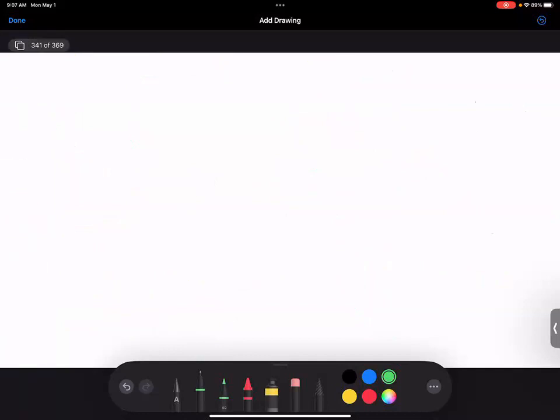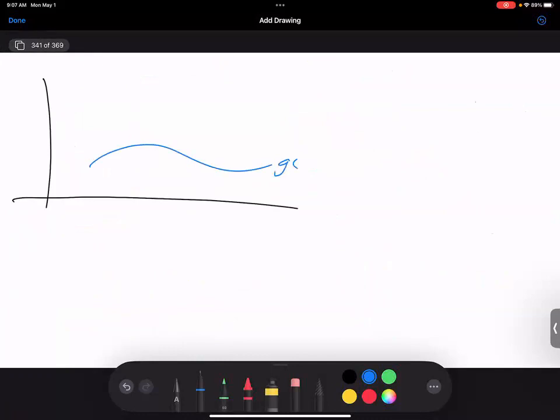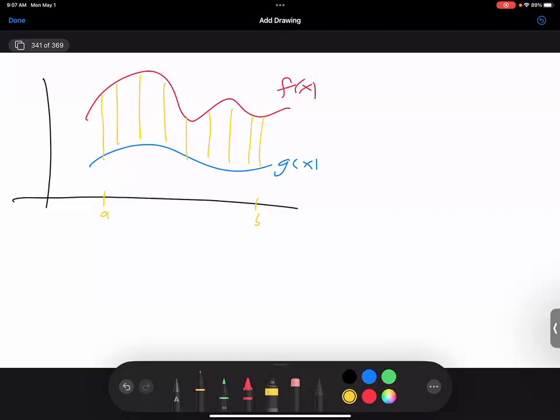If I give you two curves in the plane, so let's say here is g of x, and here is, say, f of x. Maybe here's A, here's B. And then for each of these points, if I want to find the area of the region, there's two different ways I can do this. I can find the area.